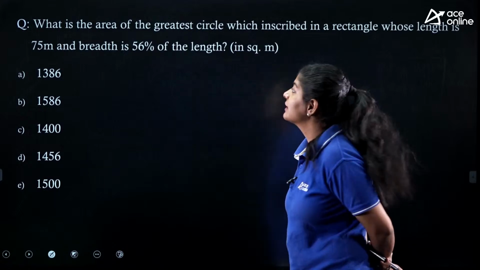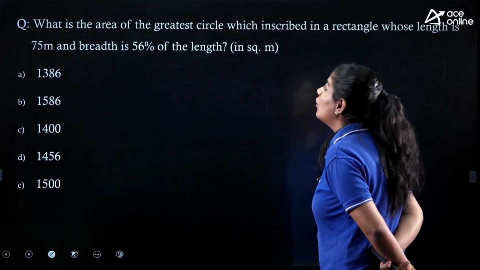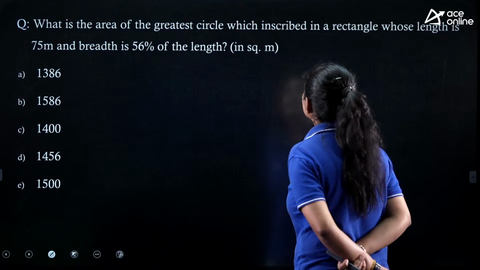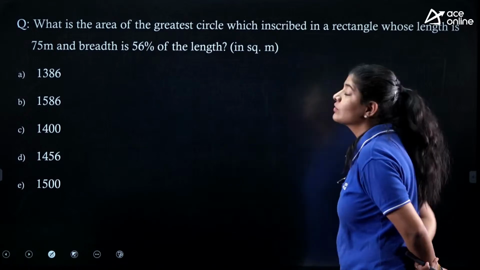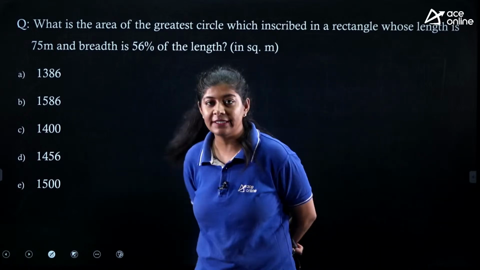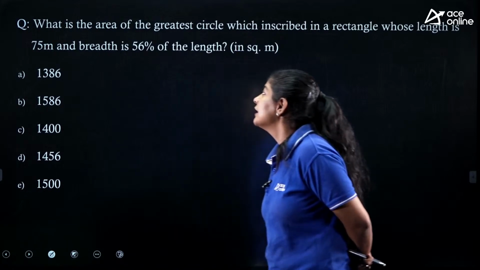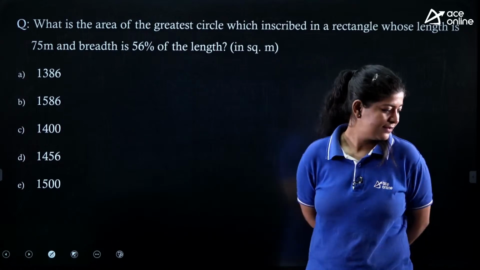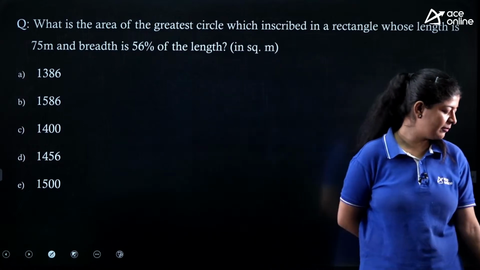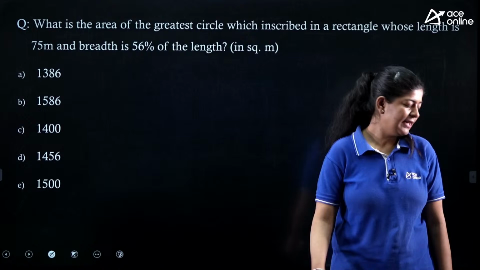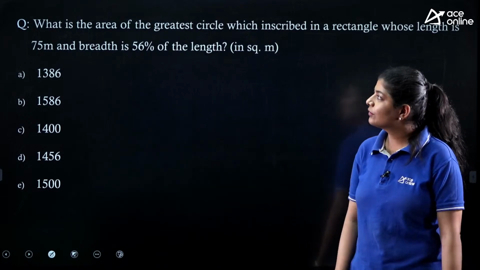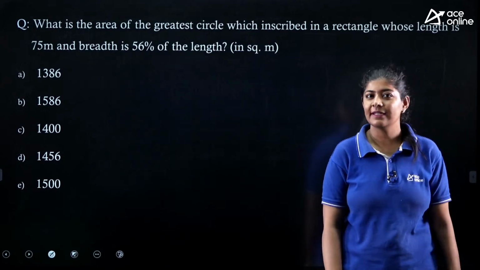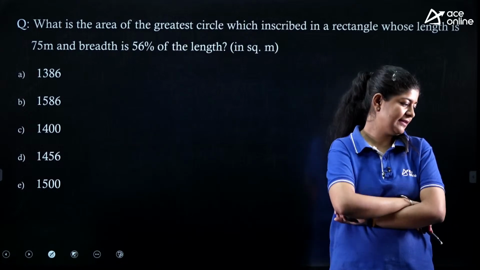The next question says, what is the area of the greatest circle which is inscribed in a rectangle whose length is 75 meters and breadth is 56% of the length? This one is a very easy one. If we know the formula of the area of the circle and how to calculate the radius, then we can easily get the answer.